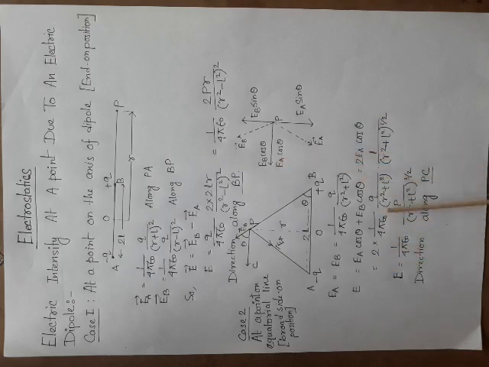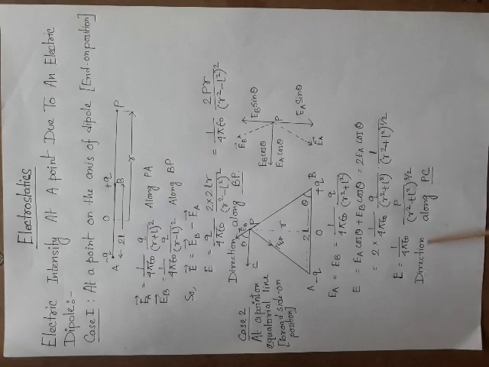See the mathematical expression, E is equal to EA cos theta plus EB cos theta is equal to 2EA cos theta, as EA and EB both are equal in magnitude. Now we are just putting the values. We are getting 2 into 1 by 4 pi epsilon naught q by r square plus L square into the value of cos theta, means base by hypotenuse, that is L divided by (r square plus L square) to the power half.